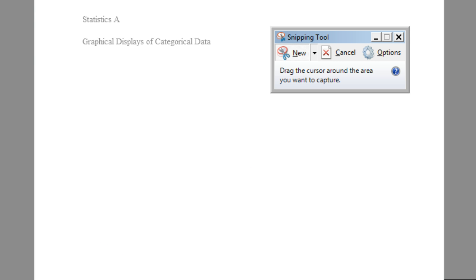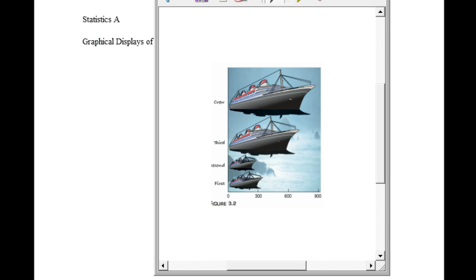You do have to pay attention to how your graph works. So for example, if you're showing a graph that looks like this in your book, people are going to think, oh, there are so many crew people on there. Well, you have to pay attention to the relative size, and these graphs are infamous for appearing in USA Today.